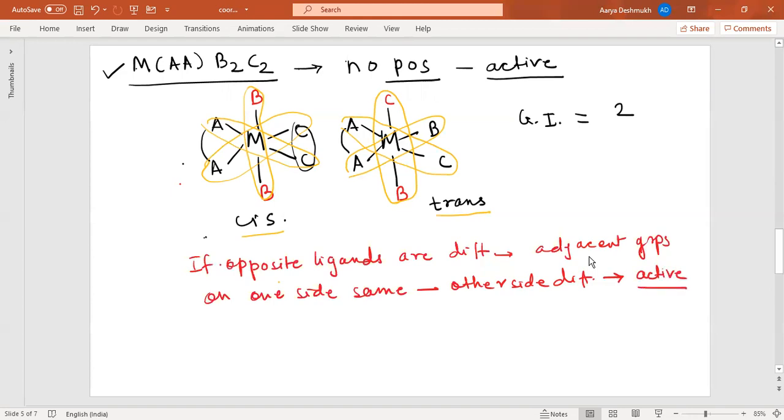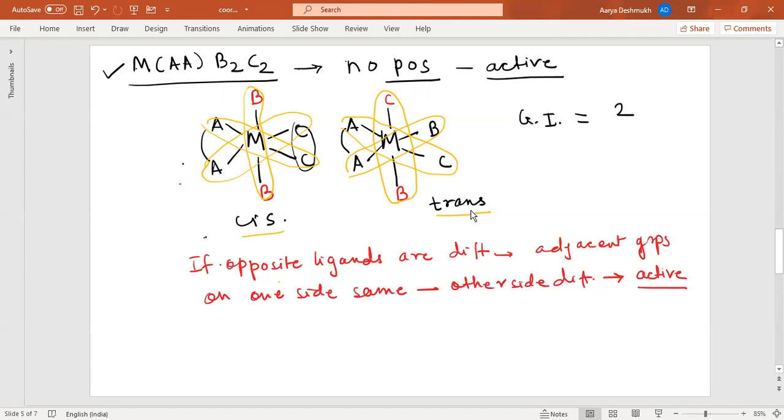Now look at this structure. For this one, opposite ligands are the same, so no question of any optical activity. You got it? Now here the condition is satisfied. Opposite ligands are different, and the adjacent groups on one side are the same and on the other side different.